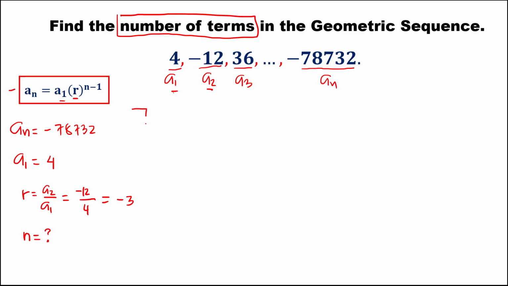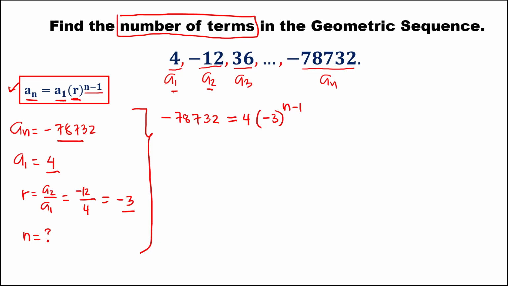To find the number of terms using this formula, a sub n is equal to negative 78,732, which equals a sub 1, that's positive 4, times the common ratio, that's negative 3, to the power n minus 1.